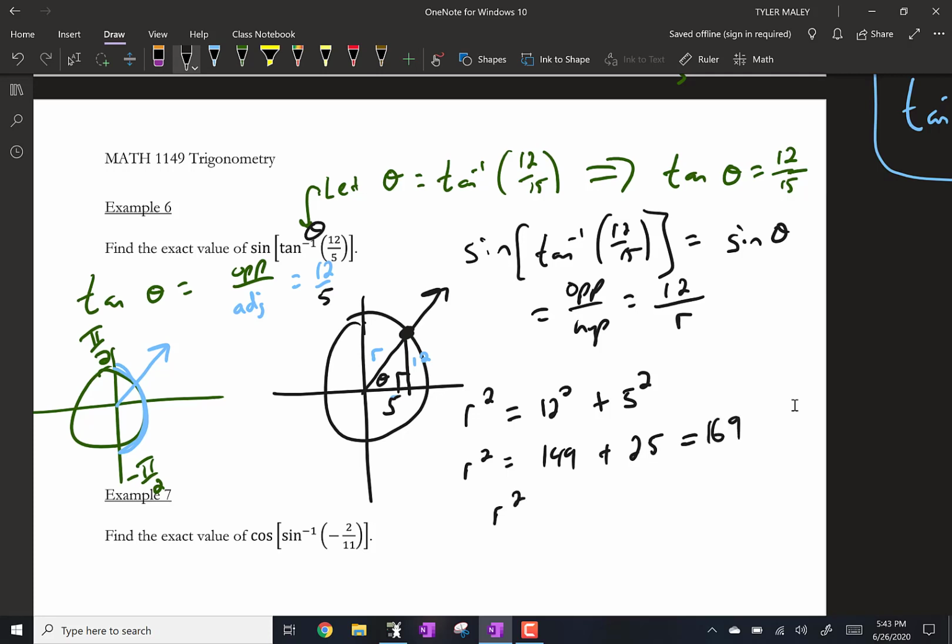So r equals the square root of 169, which is 13. Of course, I'm only taking the positive part because we're dealing with a distance. So r is 13, and we just plug in: this would be 12/13, which is the answer we were trying to get.